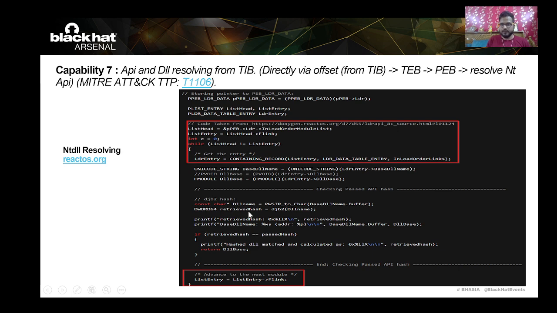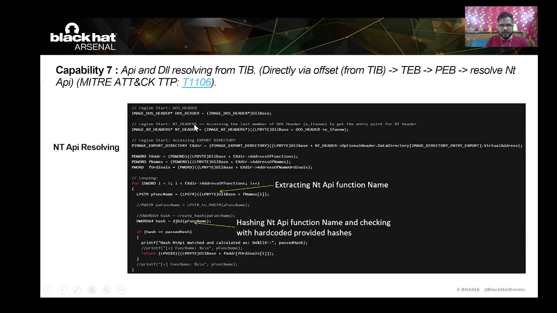And this particular snippet shows how we are resolving NT API dynamically. So in here, this line, we are extracting the NT API function name. Then after extracting that, we are hashing that NT API function name and checking with the hard-coded provided hash.